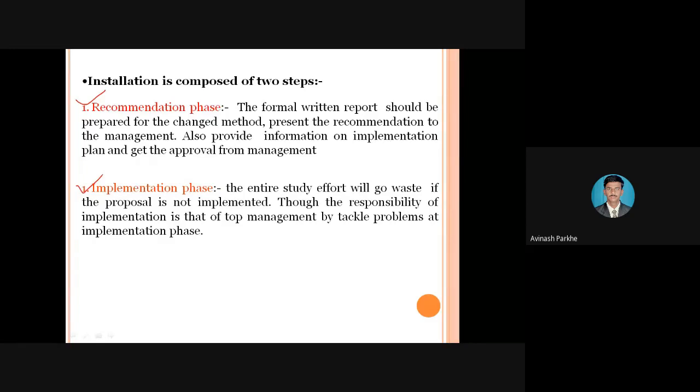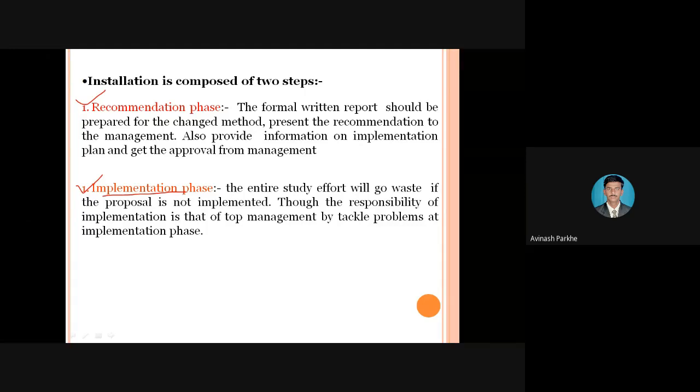Then management will review that report. They will go for a detailed study, and if the management decides that there is no problem, then the management will give the green signal for the implementation of the new method, and then we are going to implement that new method in our organization.